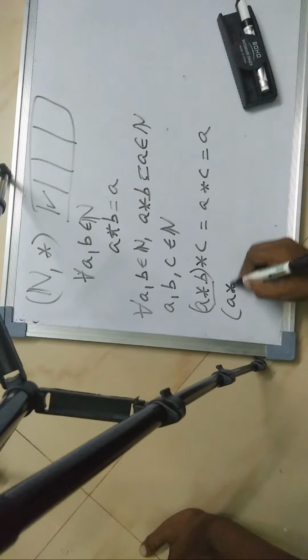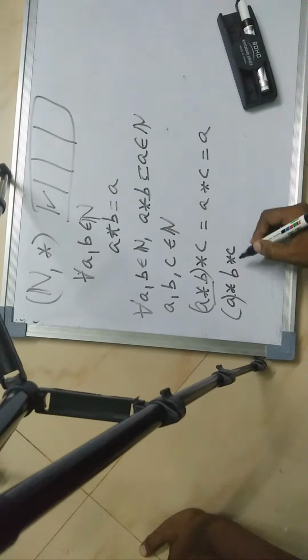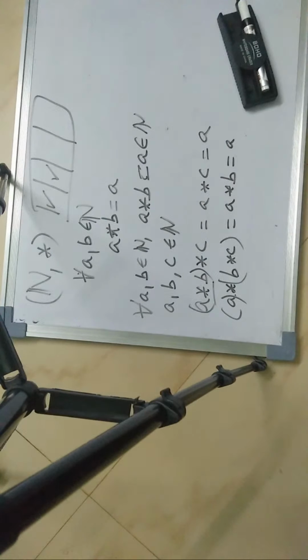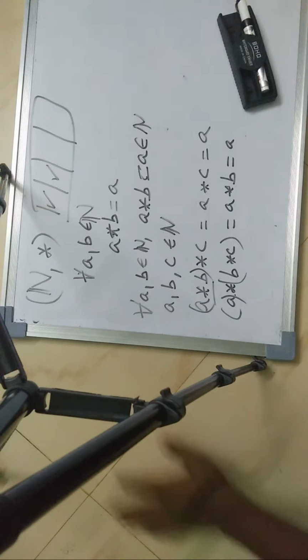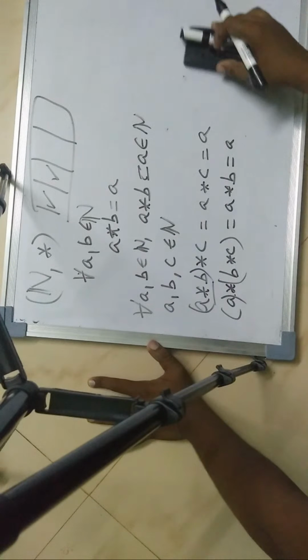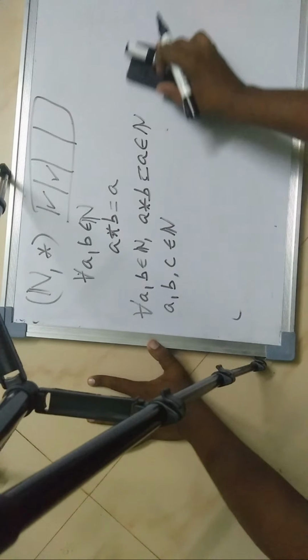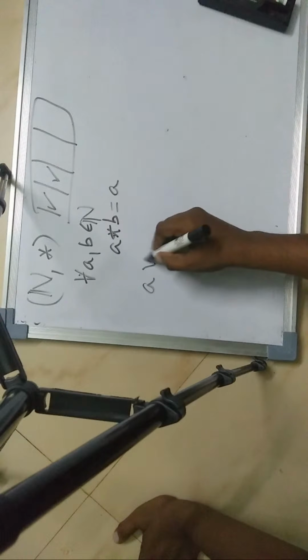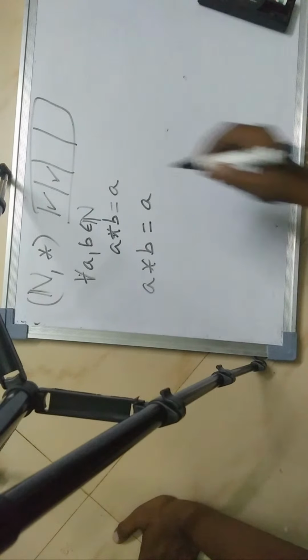Now a star (b star c), which is going to be a star b, which is going to be a. So associativity is also satisfied. Now let us check for the identity axiom. Now you need to find a natural number such that a star b is a.